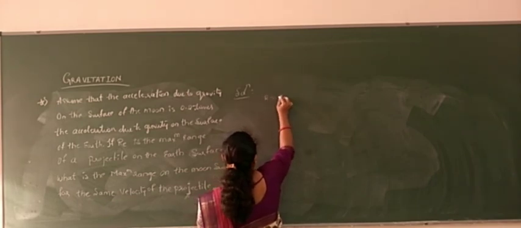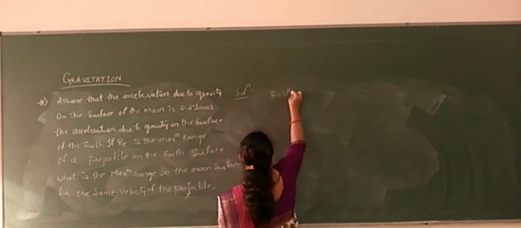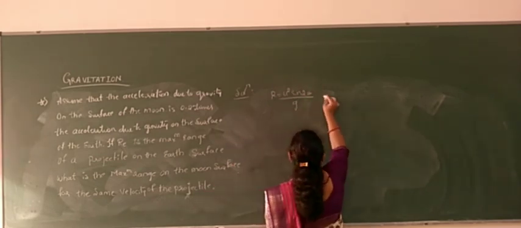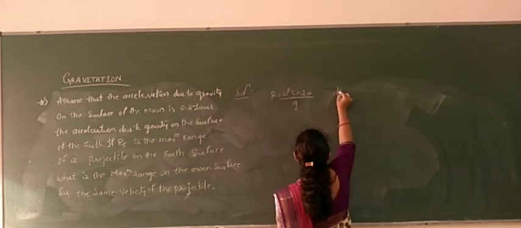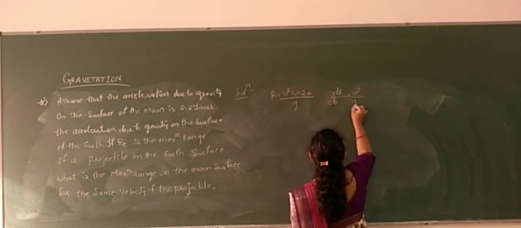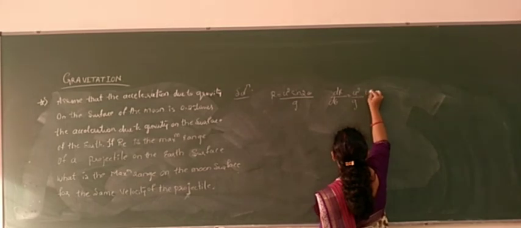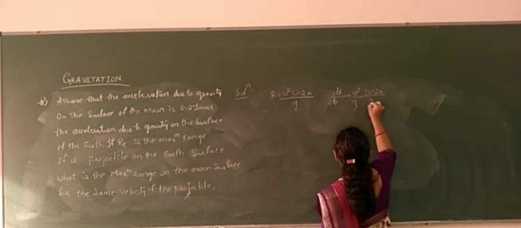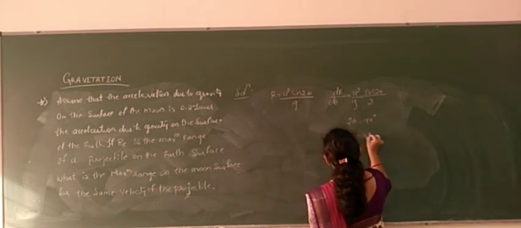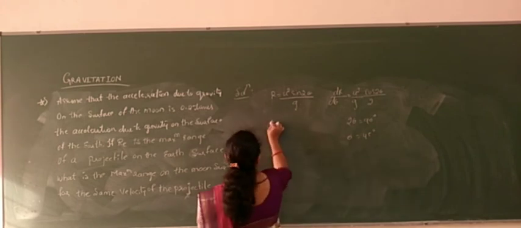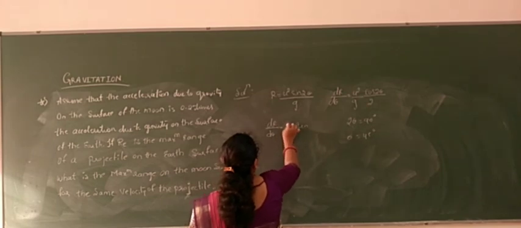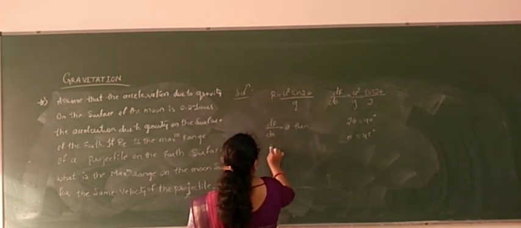So for the projectile, R is equal to u square sin 2 theta by g. For maximum range, dR by d theta is equal to u square by g times cos 2 theta times 2, which is zero where 2 theta is equal to 90 degrees, so theta is equal to 45 degrees. Differentiating and setting dR by d theta equal to 0 gives R maximum.